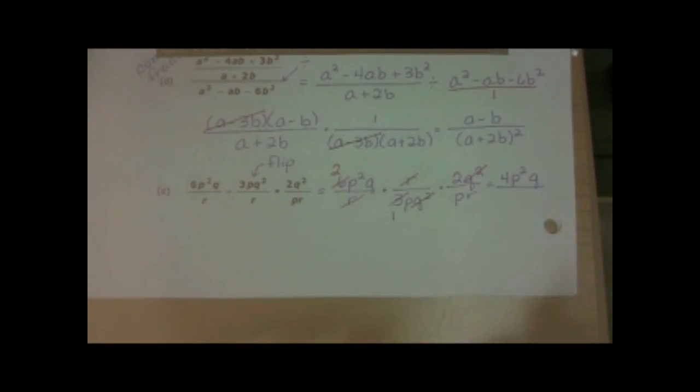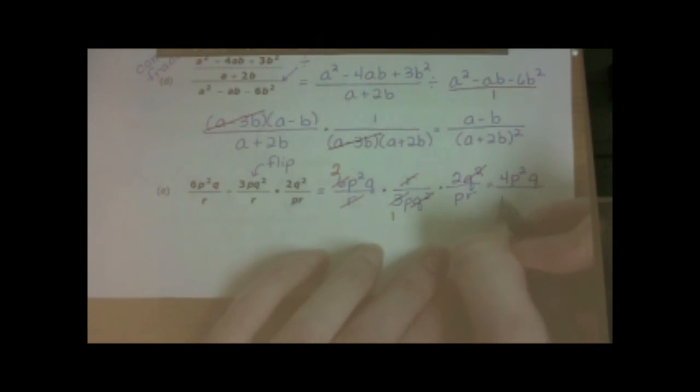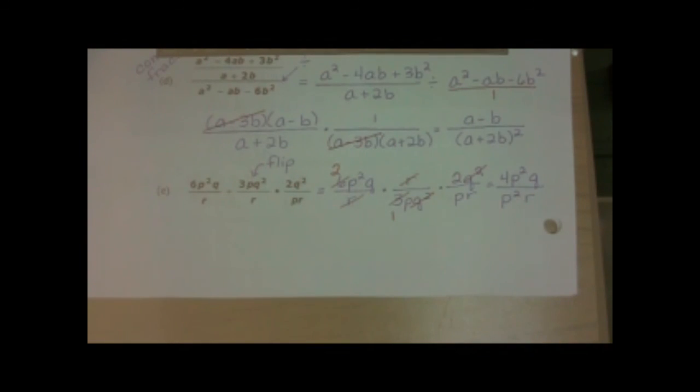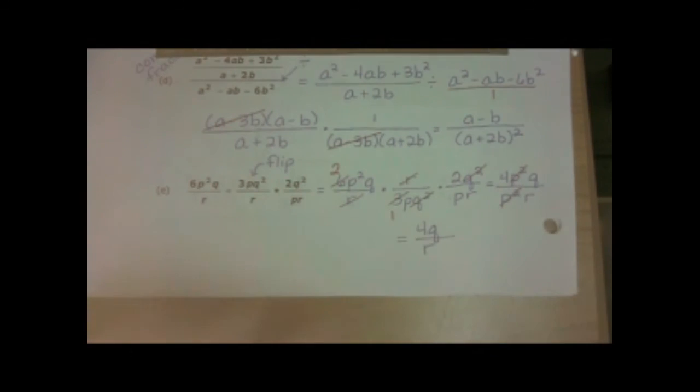On the bottom, my coefficient would be 1. Here's a p and here's another p, so that's going to give me p squared, and then I have an r. So when I look at this, I'm going to have a 4 on top. The p squareds are actually going to cancel. I'll have a q on the top and an r on the bottom.